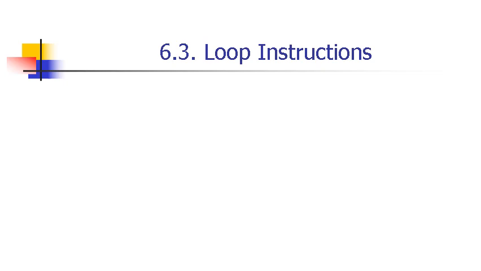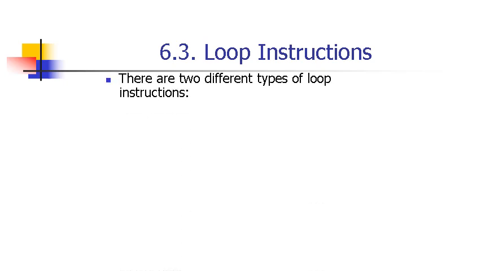All right, when we're solving any problem, we will at some time require a piece of code to be repeated many times. We call this looping. And as with the jump, we do have two different types of looping. We can loop, go over some piece of code many times, and each time is an iteration.